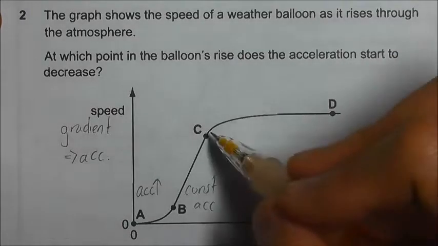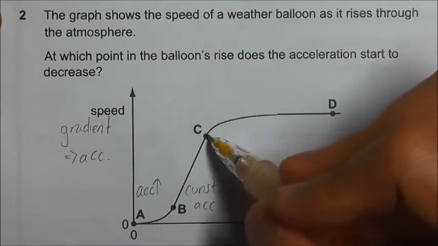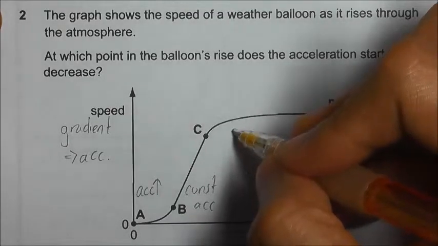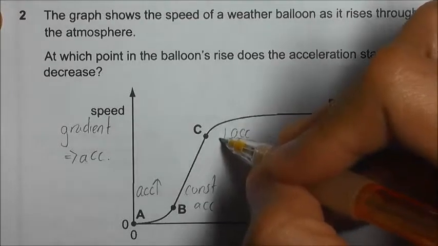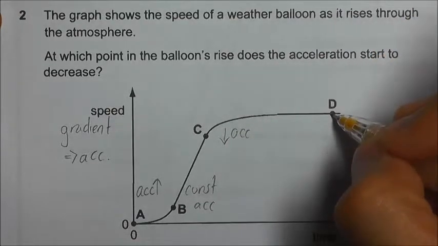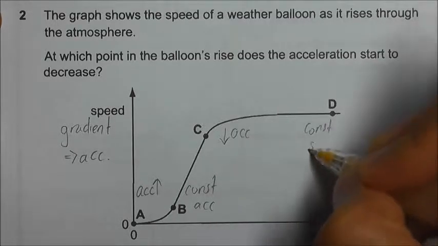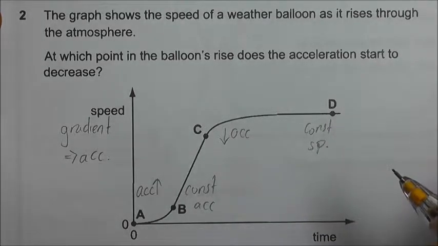acceleration. And from C onwards, we see that the gradient is decreasing, so we have a decreasing acceleration. And at D is a horizontal line, so we have a constant speed with zero acceleration.